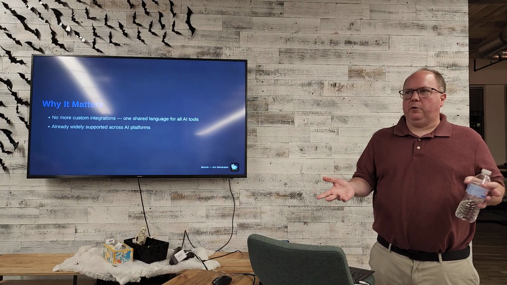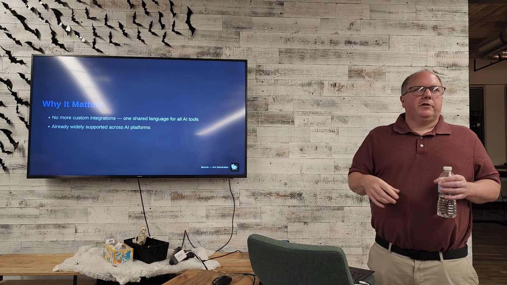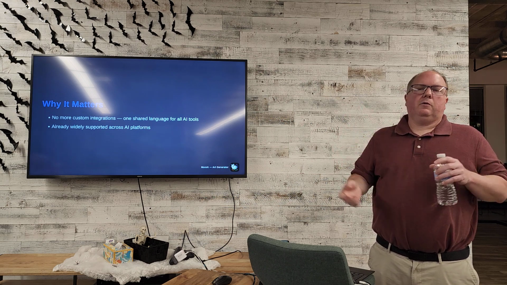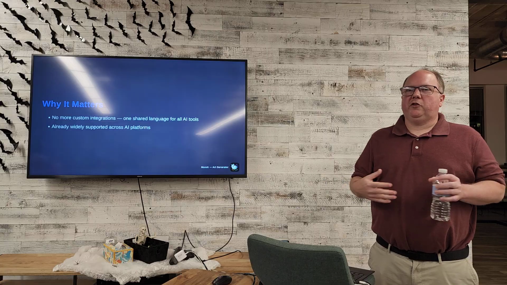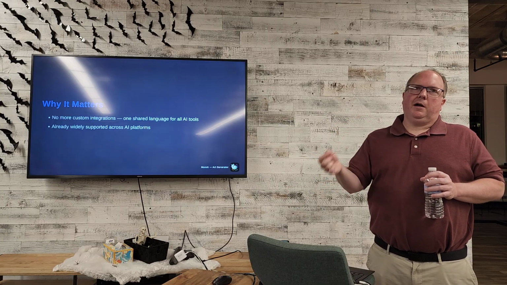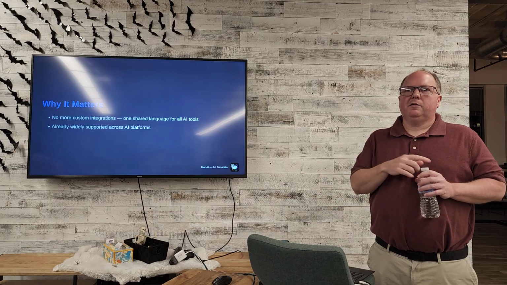JSON is just a formatting, a way of deciding where you put your brackets and your quotation marks and your commas and stuff like that. It's like, this is a response that my MCP server will understand.